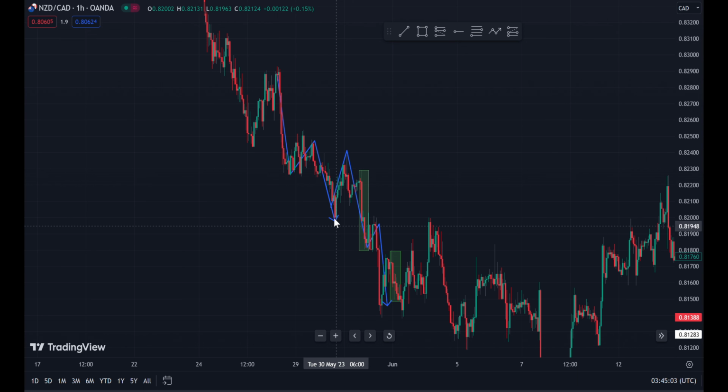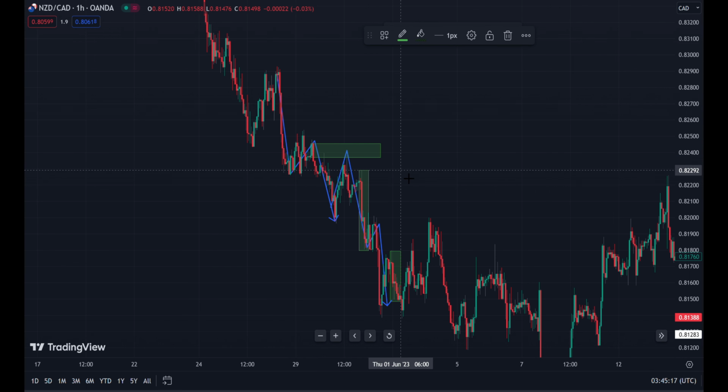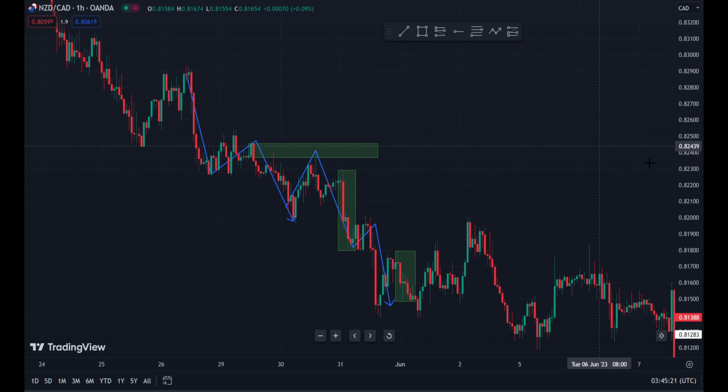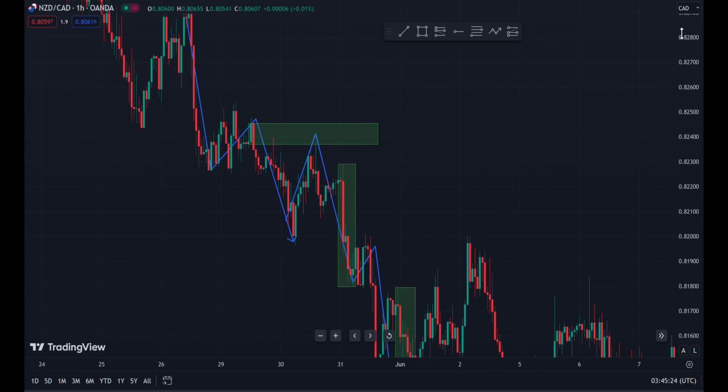From here, after the market retraces back, this is our base or our zone, supply zone. After the market comes back and taps into the zone like that, hope you are seeing that wick just there, it tapped into the sell setup, the supply zone.